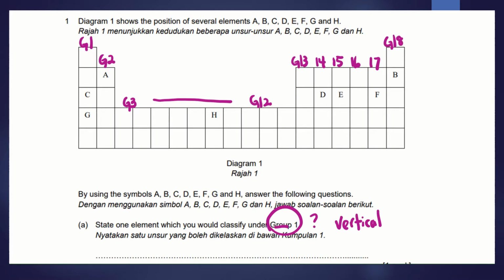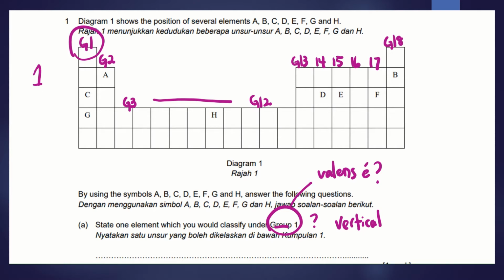So how do we group elements? We group the elements based on the valence electron. So what is valence electron? Valence electron is the electron in the outermost layer of the electron shell. For group 1, group 1 elements have 1 valence electron.